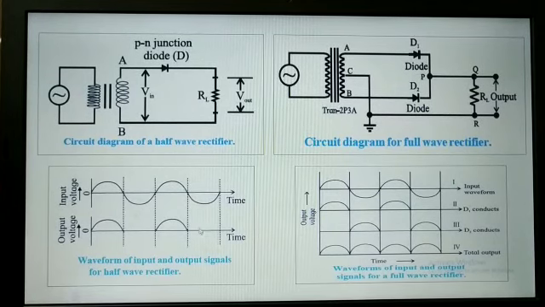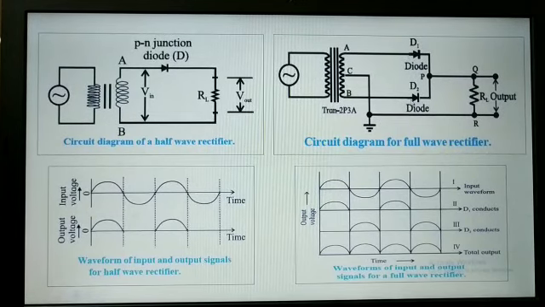voltage. So the same thing, when we talk about full wave rectifier, what we are doing here is using two diodes. Okay. Now the concept is very simple. Why we are using two diodes is, here we can see for the first half, when the AC input is applied, for the positive half cycle, this point A will be positive, B will be negative.